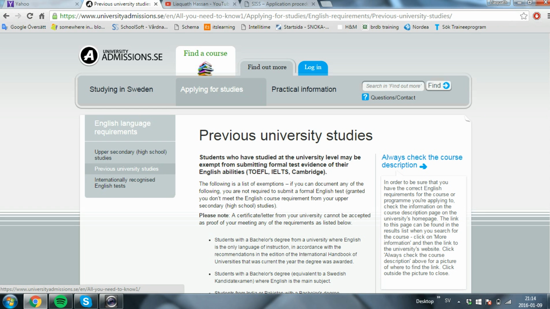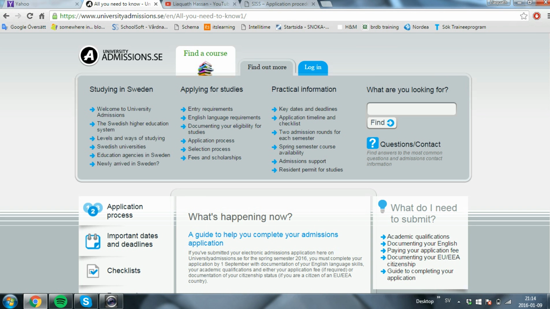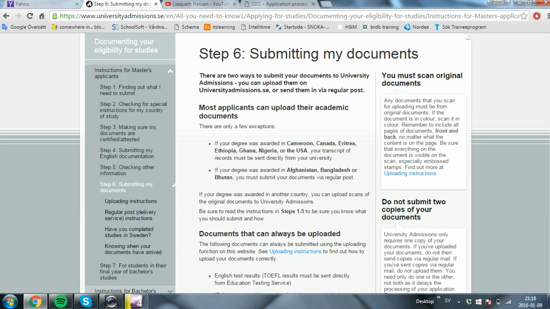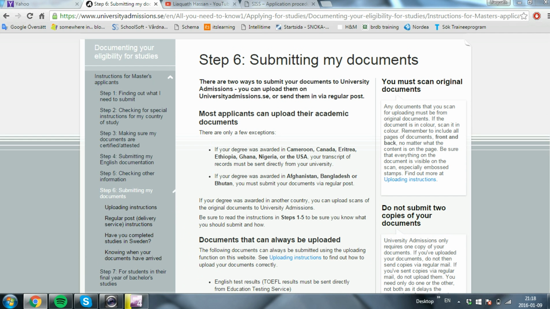That is the information I know, but I can show you one more time. In the documenting your eligibility for studies tab, we can see step 6, submitting my documents. We can see that we are unlucky to be among the few nations like Afghanistan, Bangladesh and Bhutan that need to send by regular post.